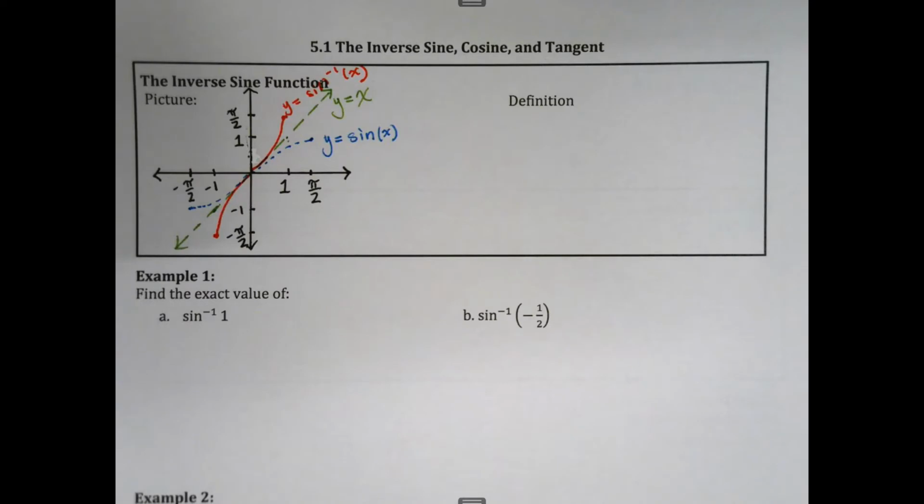So we're going to define our inverse function here.